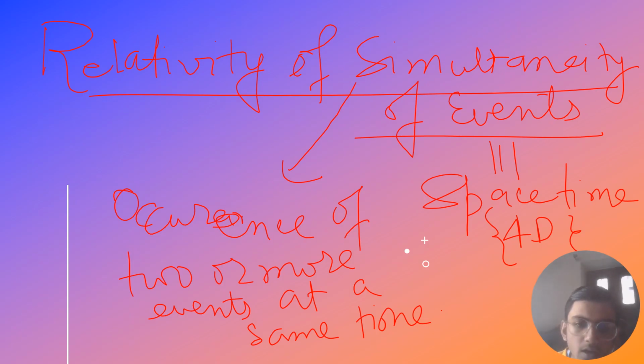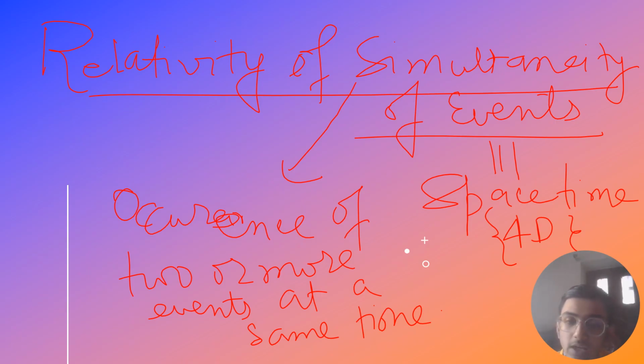Now, relativity of simultaneity means that events which are occurring at a particular time are actually relative. In any one frame, events are simultaneous, but in another frame they are not simultaneous.